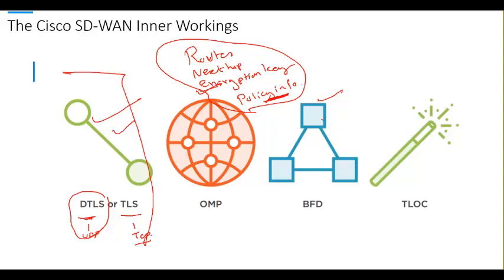It is done automatically. As soon as the data plane tunnel is up, meaning operational between the WAN edge routers, immediately BFD will start running and provide the health measures of the tunnel.